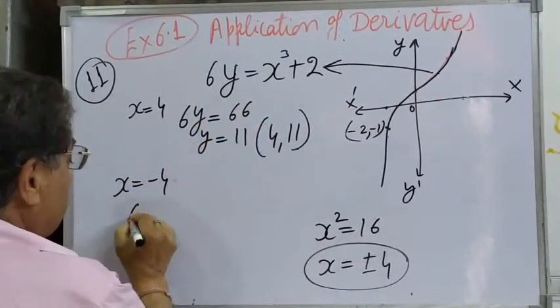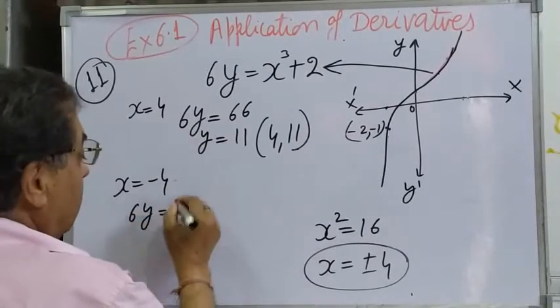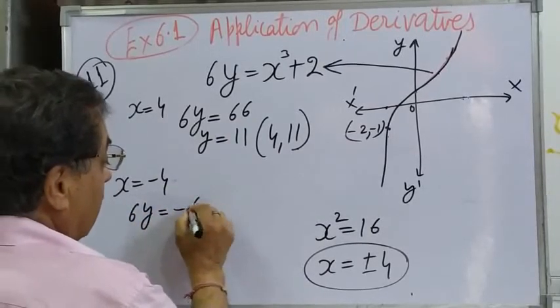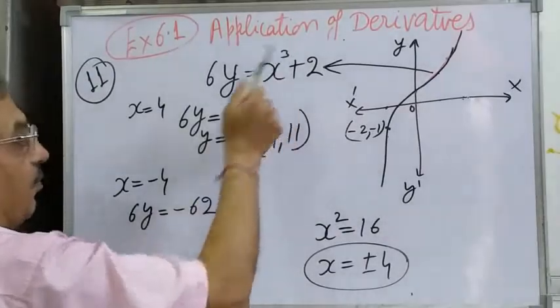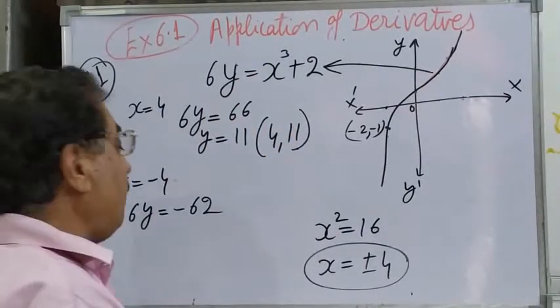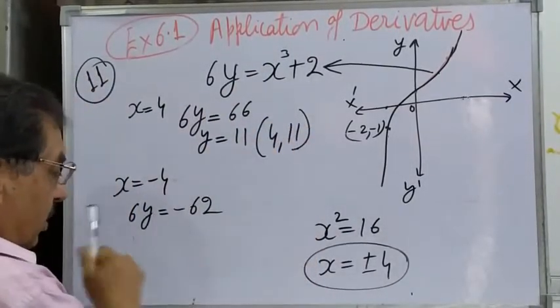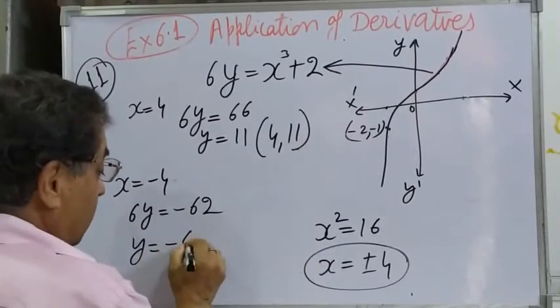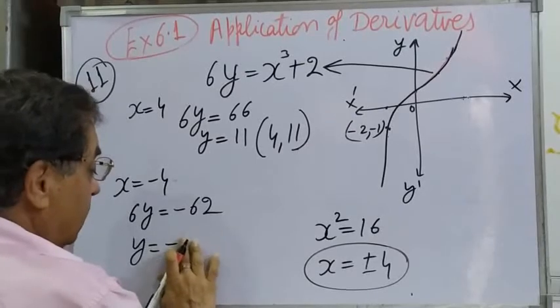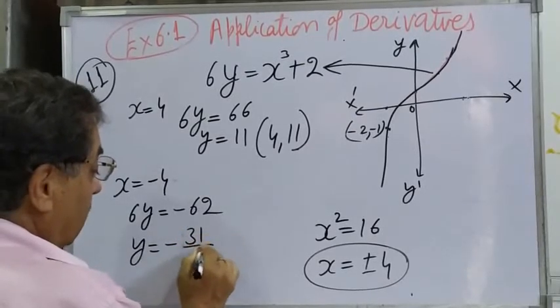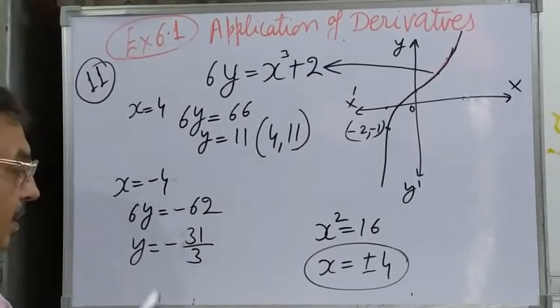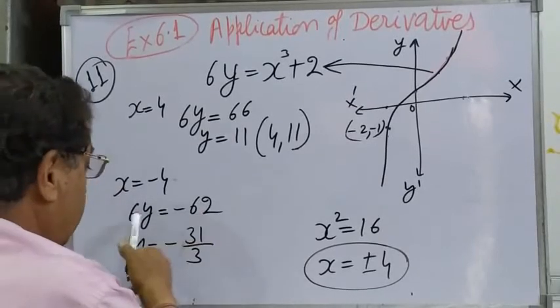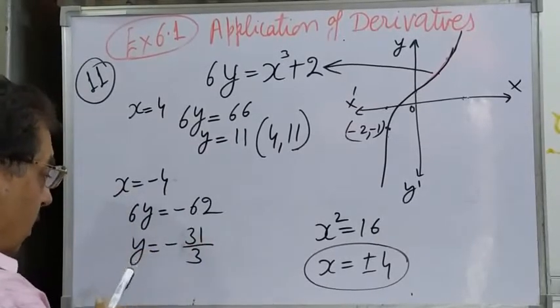Putting here, 6y is minus 4 cube plus 2, that is minus 64 plus 2, minus 62. That gives us y is equal to minus 62 by 6. Simplifying, minus 62 divided by 6 is minus 31 by 3.